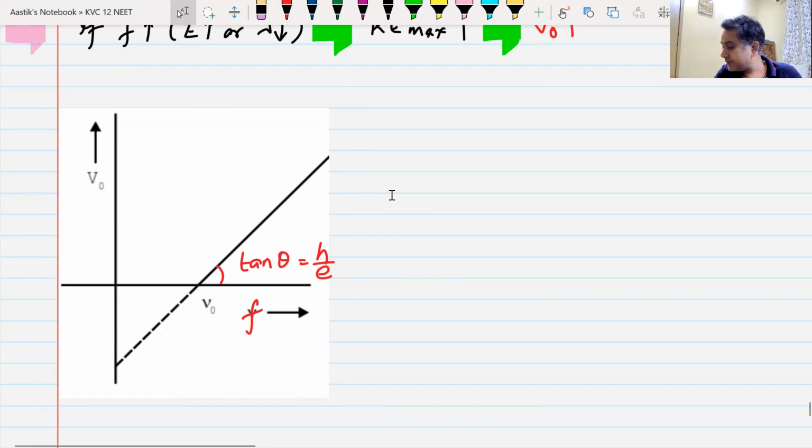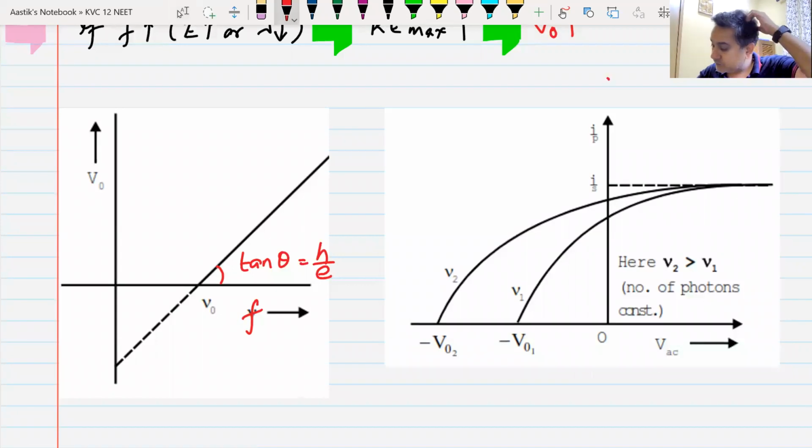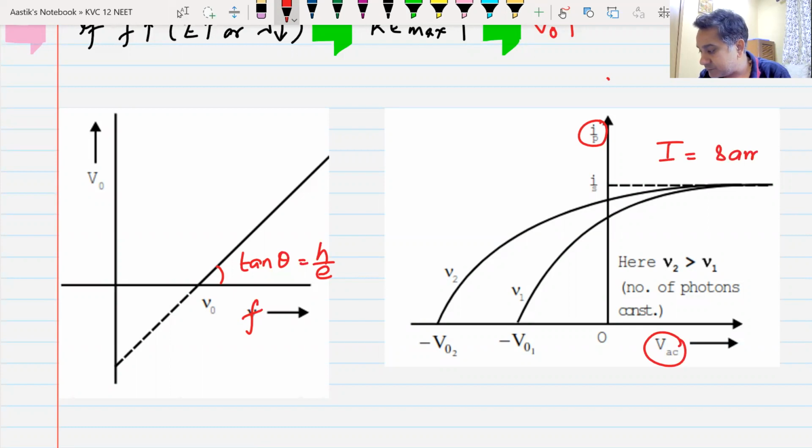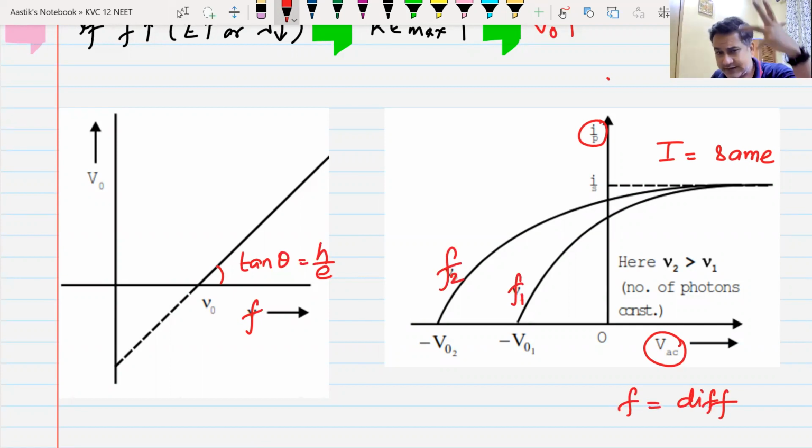Now this graph, my dear friends, is again plotted between photoelectric current and voltage, but here the intensities of the radiation are same, but the frequencies of the radiations are different. This is frequency F2, this is frequency F1. Can you tell me which frequency is more and which frequency is less from the graph? F2, sir.